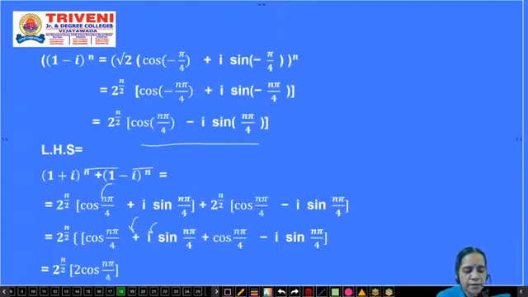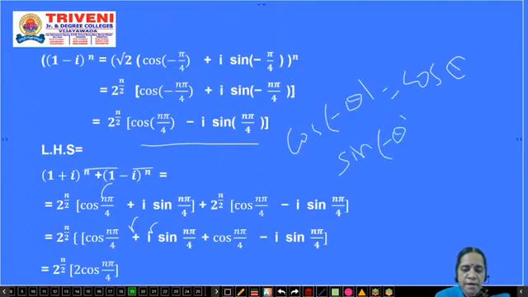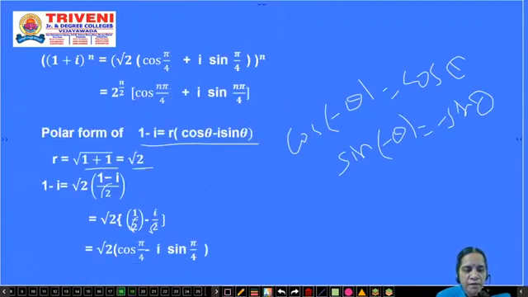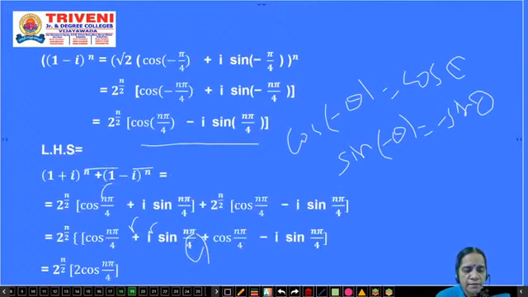Here also it is written in the form cos of minus theta plus i sin of minus theta. Cos of minus theta is cos theta, and sin of minus theta is minus sin theta. That's why I am writing this minus, which will come in minus pi by 4 like this.